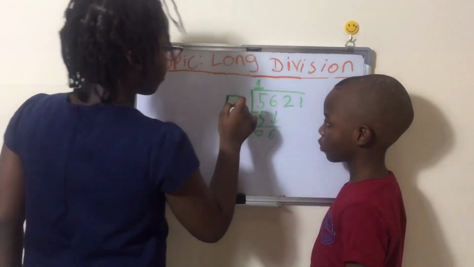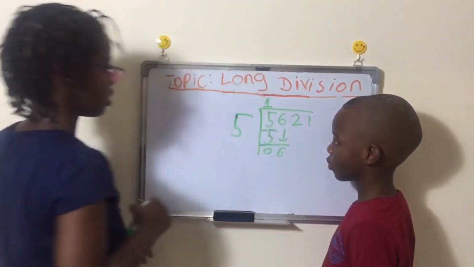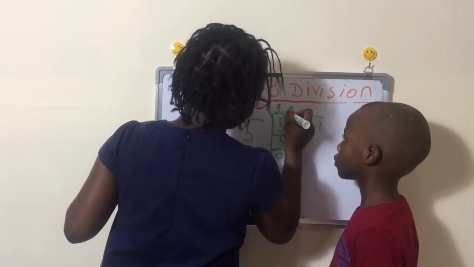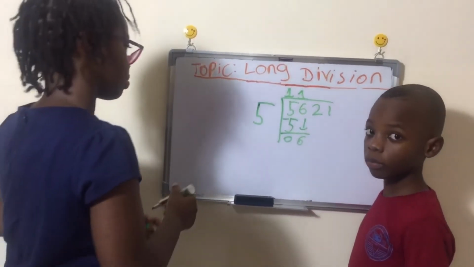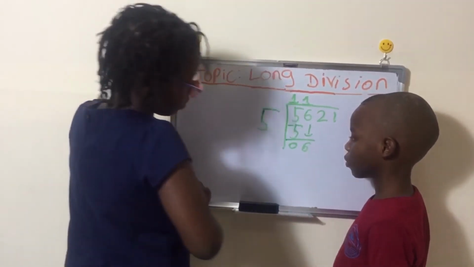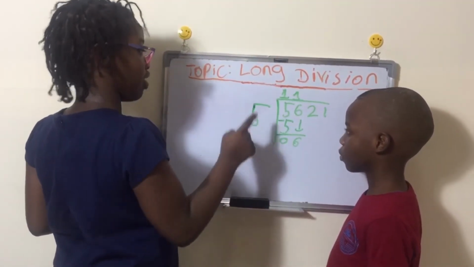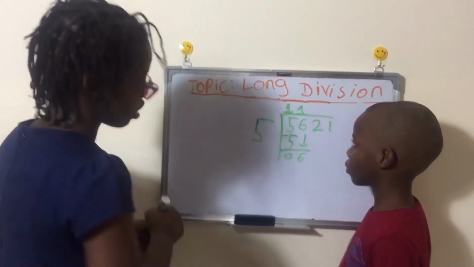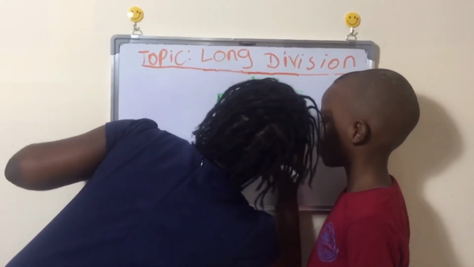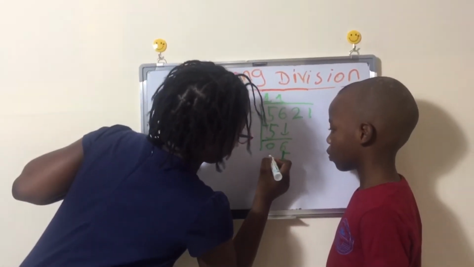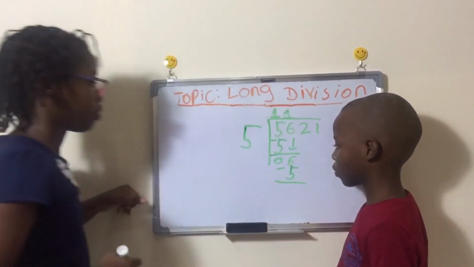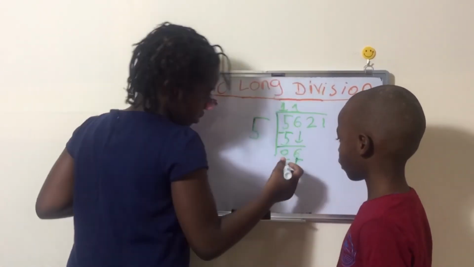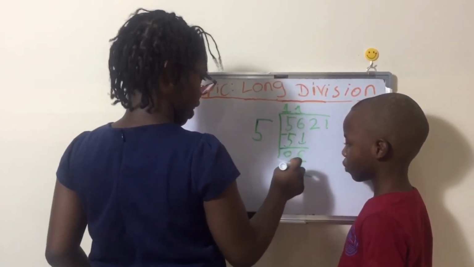So now, how many times can 5 enter 6? You know, that's 1. Once. 5 enters 6 only once. 6 minus 5.